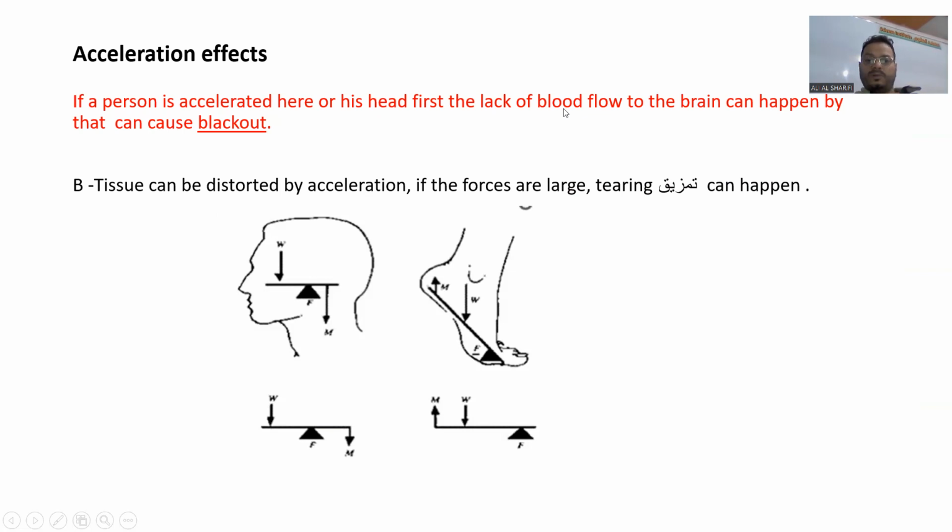The lack of blood flow to the brain can happen by that and can cause blackouts. Tissue can be distorted by acceleration, like I said before. If the forces are large, tearing can happen.